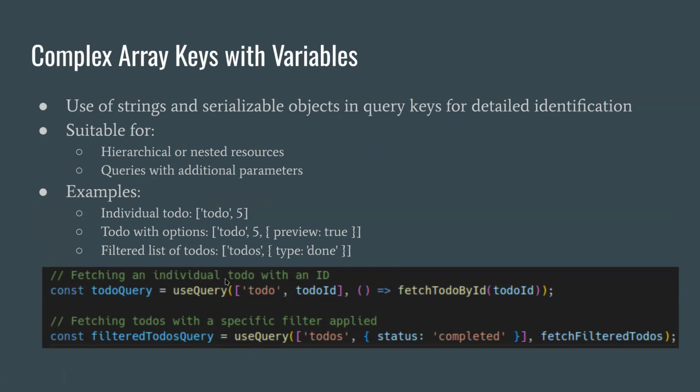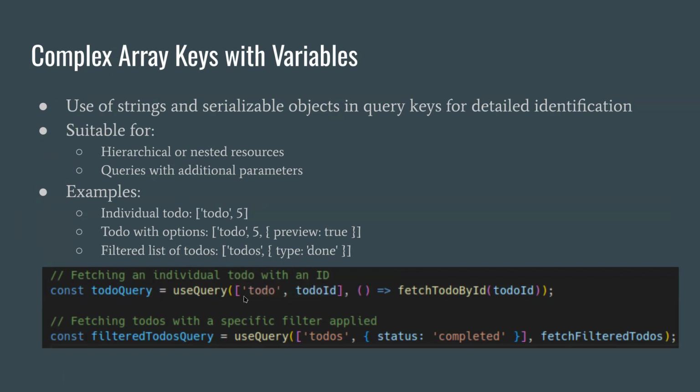And you can see these snippets. They illustrate how to use more complex structures involving variables and objects to uniquely identify queries. Say you want to get an individual to-do with an ID.